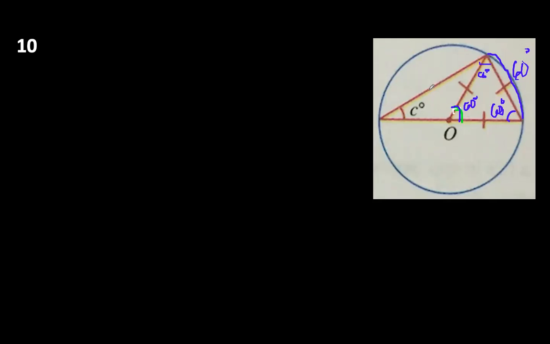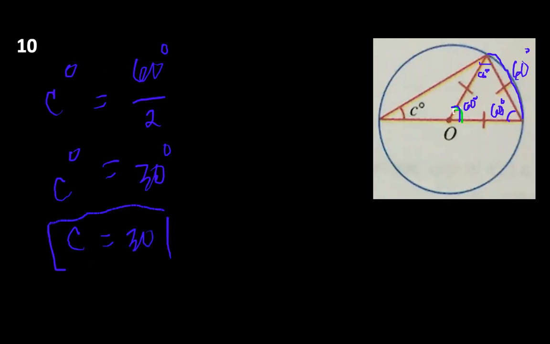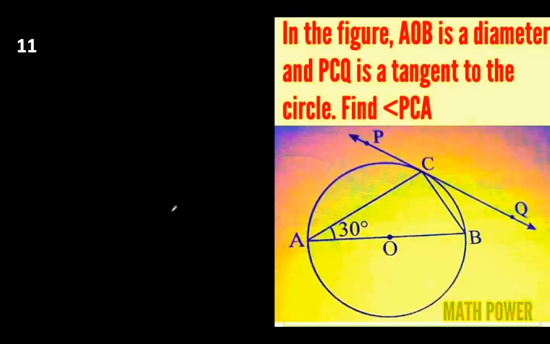So since this angle is an inscribed angle, half of this intercepted arc is equal to C. Therefore, C degrees is equal to 60 over 2, and this is equal to 30 degrees. Therefore C is equal to 30. Okay, so we found out that it's 30. I hope we got the same answer.